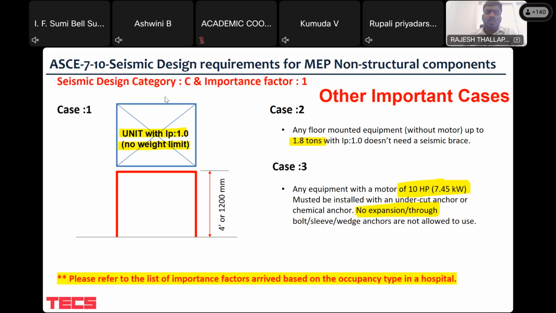If these are installed on the rooftop, and the height from the roof slab level is less than 1.2 meters or 1200 millimeter, you can avoid providing a seismic brace for it, or you don't need to design it for a seismic requirement, because this will not create damage even if there is seismic activity, because the height is limited to 1.2 meter. So the impact created by the seismic activity will not be that much.